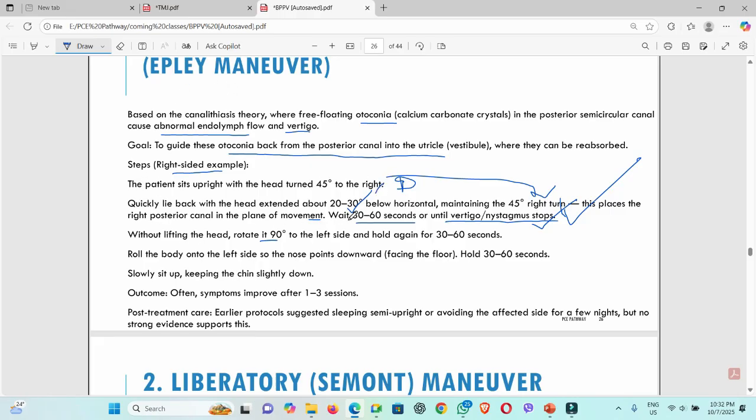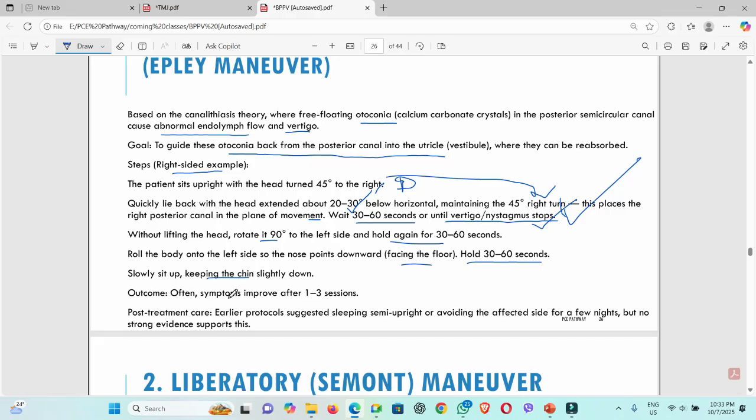Now from that position, turn the head towards the other side, rotate to the left side, and again hold it for 30 to 60 seconds. Roll the body on the left side so the nose points downward, facing floor, and hold it for 30 to 60 seconds. Slowly sit up, keeping chin slightly down.